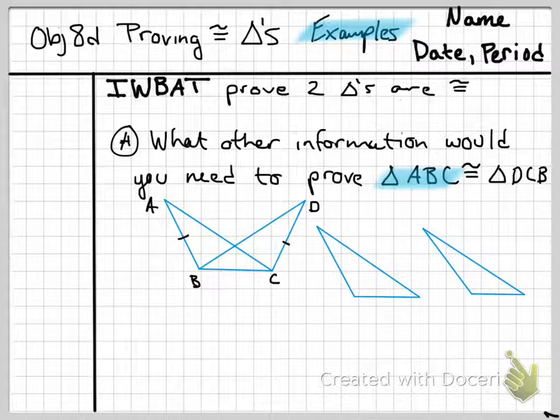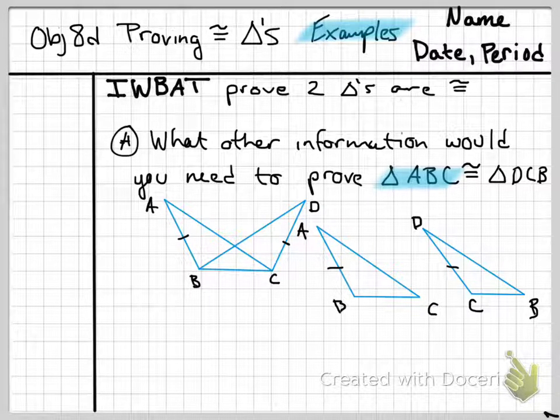I'm going to label those A, B, and C. On my second triangle, it looks like D is up here, C is in this corner, and B is in the other corner.